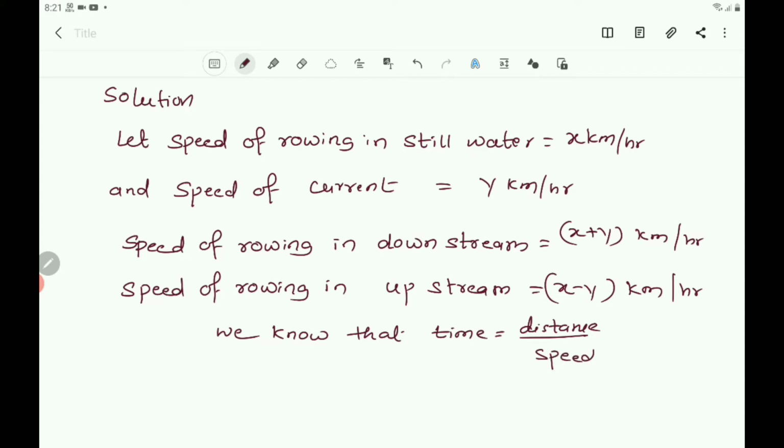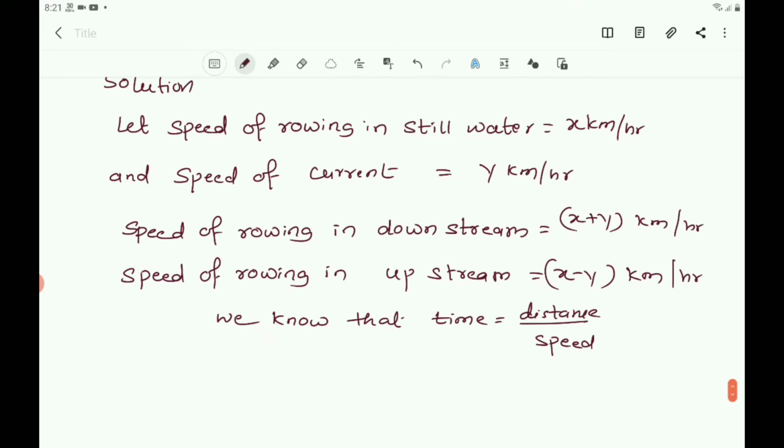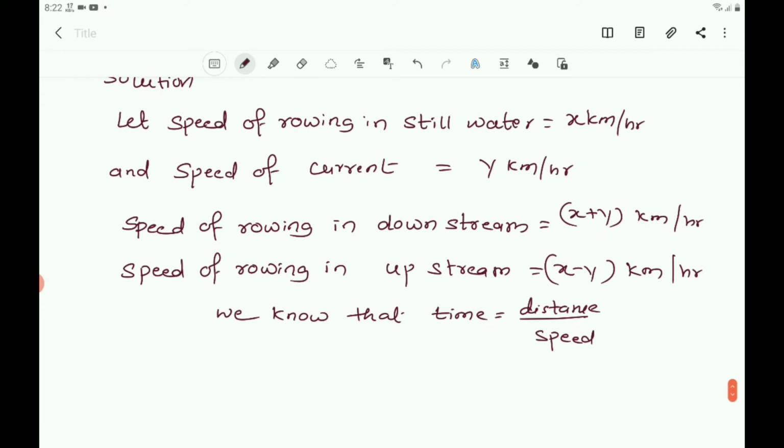Here time is given, speed is not given, that you have to find out. We have taken the speeds as x plus y and x minus y.